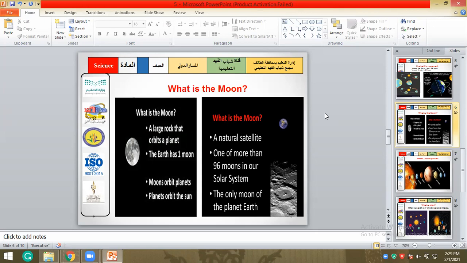The only moon of the planet Earth. Not plant. Planet Earth.